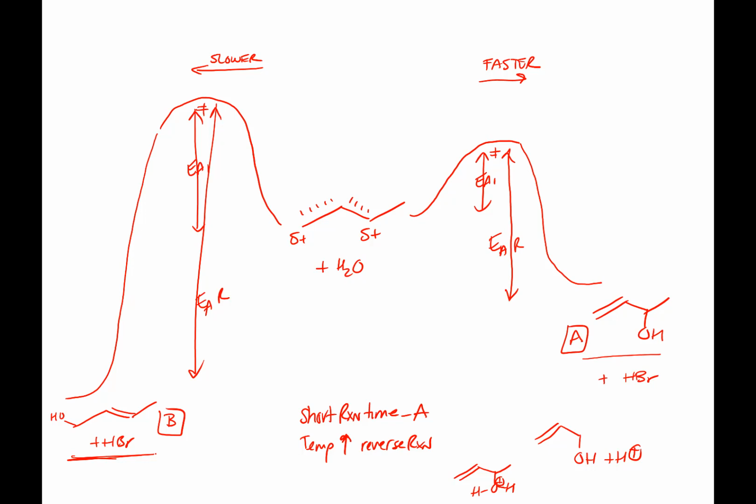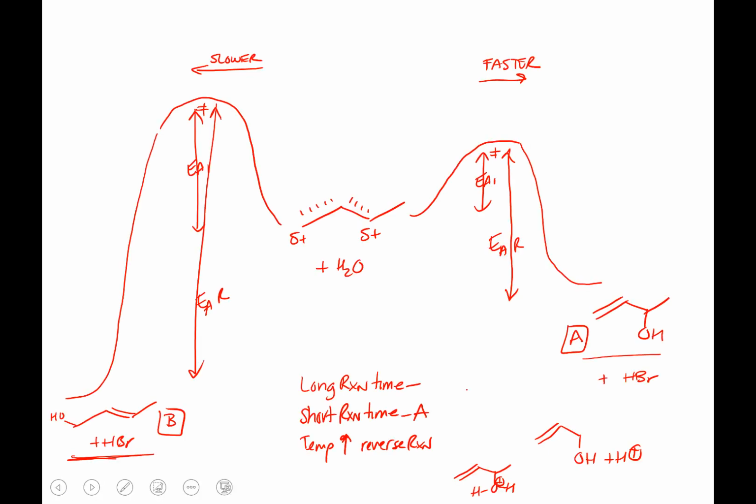So that means that I'm going to need a long reaction time. So if I now change from a short reaction time to a long reaction time, now I'm going to favor B, with a sufficient temperature to overcome the initial activation energies.